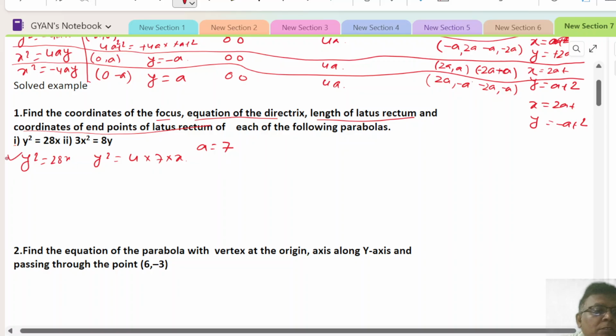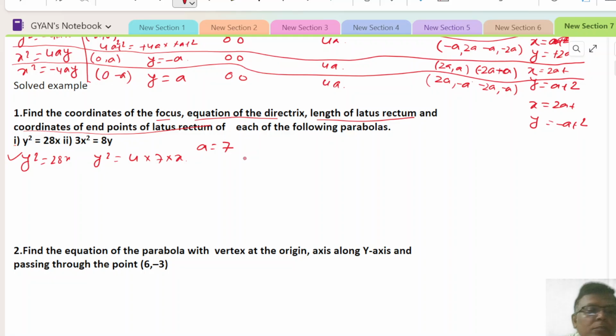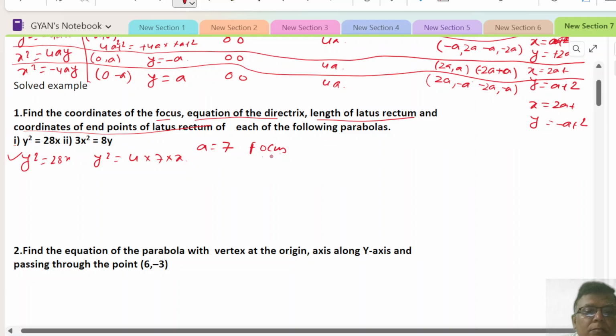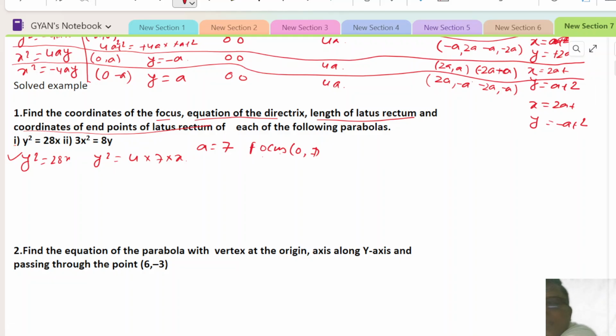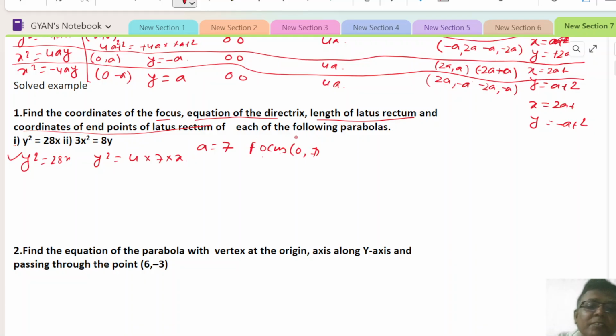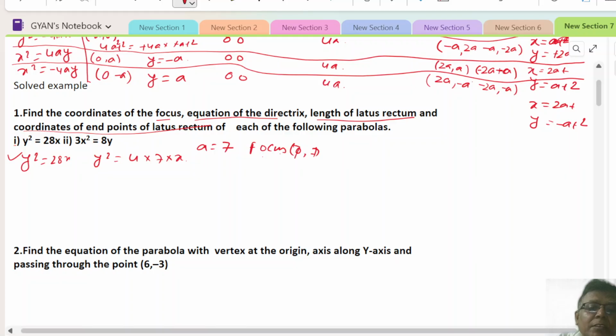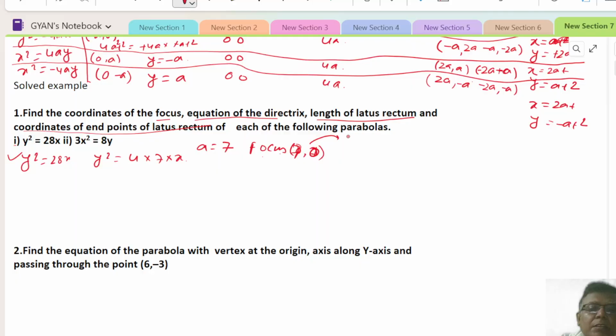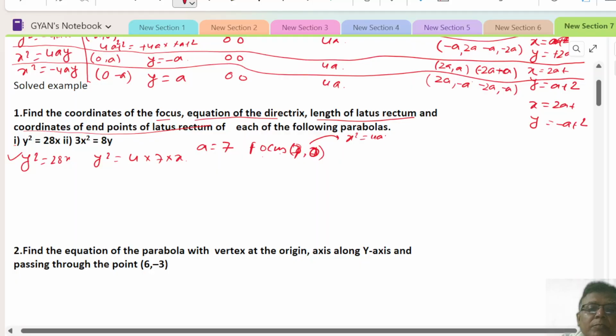So this is y² = 4ax form. So the focus will be (7, 0). (0, 7) would have been in the x² = 4ay form.